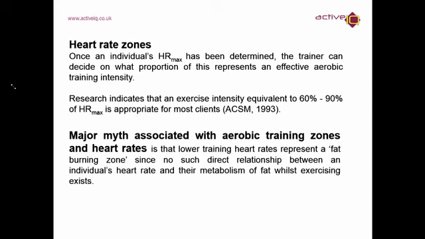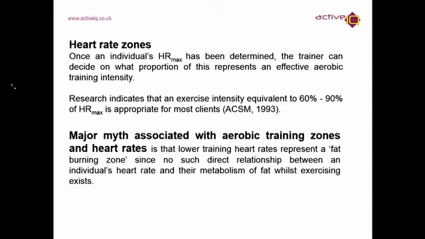So if my client has a 200 max, we want to be aiming for 60 to 90% of that maximal heart rate to give them an effective workout. And when we say aim for 60 to 90%, that's what we want to keep them in for the majority of the workout. We don't just want to get to 90 right at the end and then be like, right, finished, done. Okay, we want to be in between 60 to 90 for the majority of our workout.